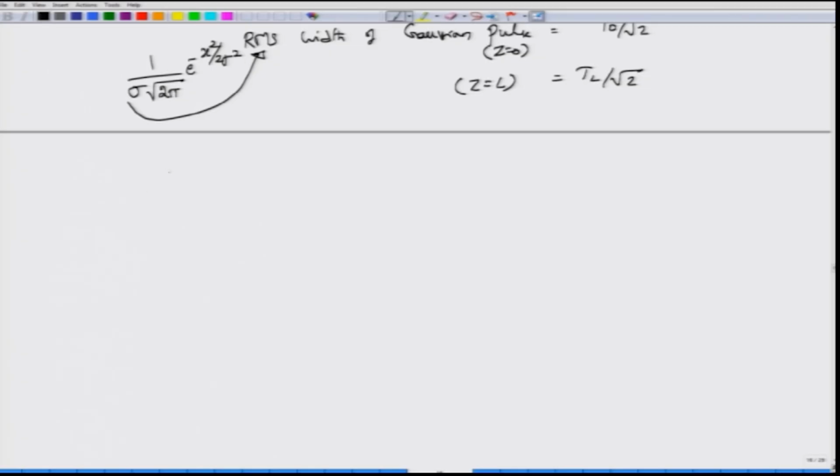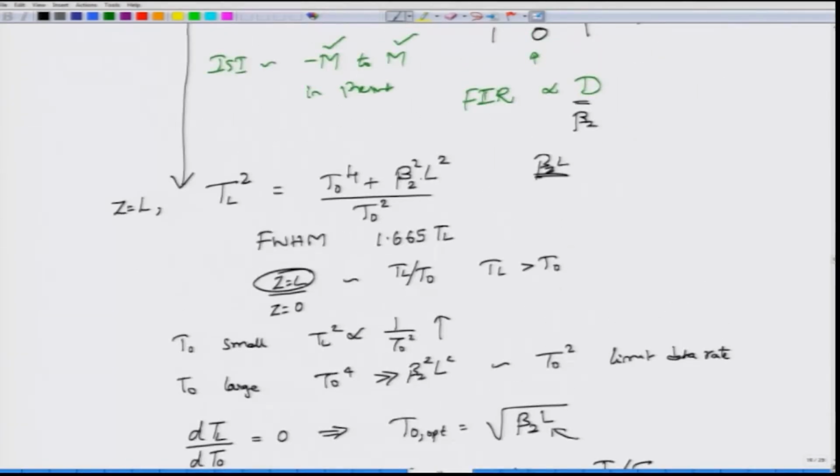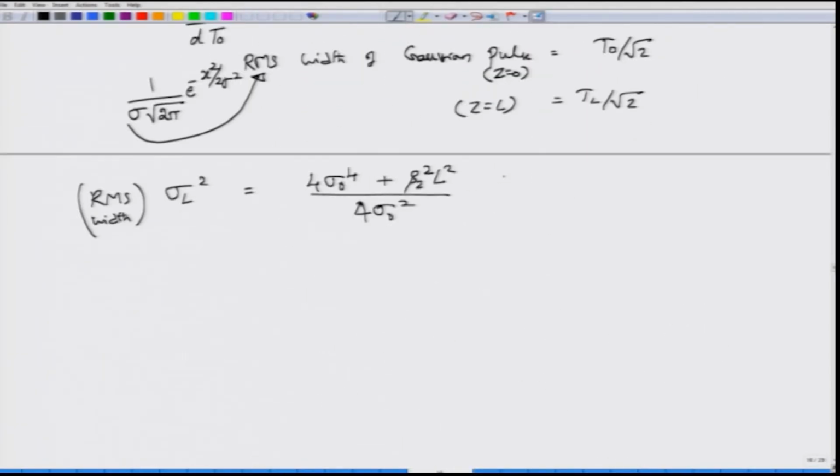So what you get is the RMS width. This is not the shot noise variance that we were looking for. This is the RMS width after propagating a distance z equal to L, and it can be written as the square root of 4 sigma 0 to the power 4 plus beta 2 square L square, divided by 4 sigma 0 square. What we have done is simply replace TL and T0 in this expression by the corresponding variables sigma L and sigma 0.